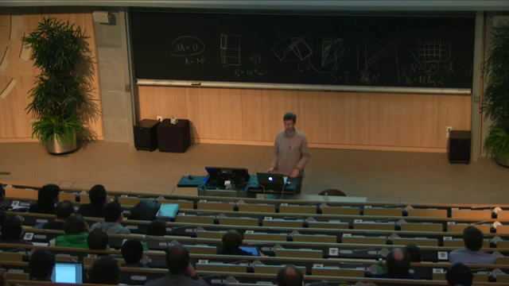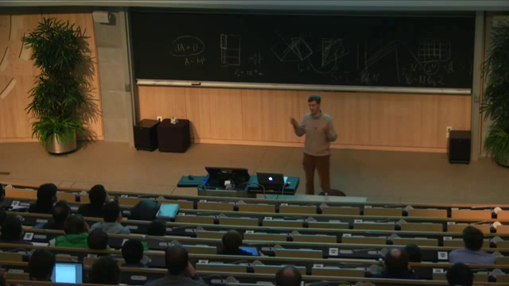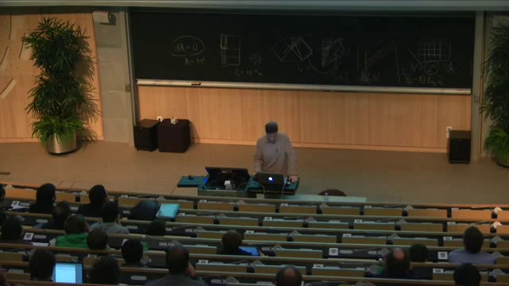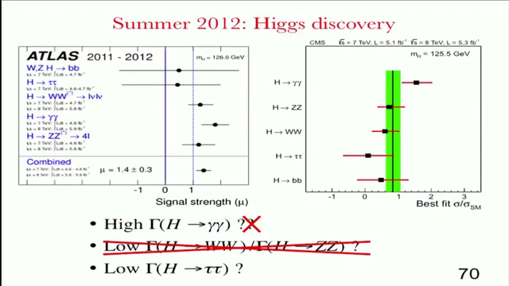Summer 2012, discovery, champagne bottles, newspapers, headlines everywhere: the Higgs has been discovered. And still, the theorists do not look at the discovery, they just want to look at the deviation. So what happens to Higgs into 2 photons? Well, it went down significantly with respect to the previous winter, but it's still up.